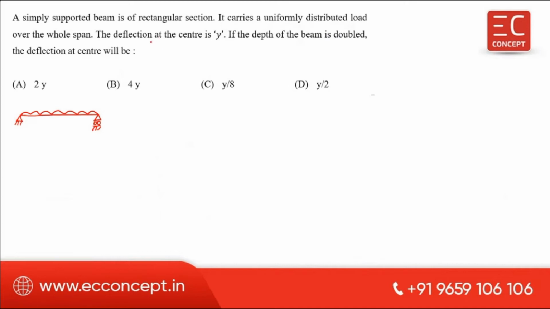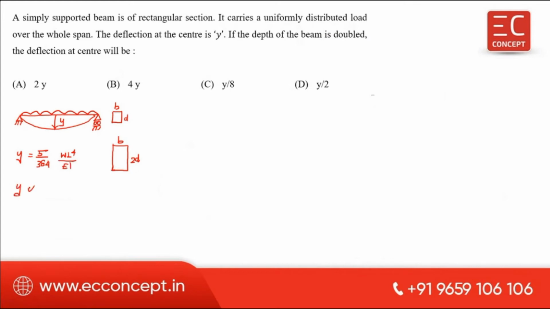Initially the deflection of the beam is Y, with cross section B and depth D. In the other case the depth is doubled, 2D, with width B. We know that the deflection for a simply supported beam is 5WL power 4 divided by 384 EI. This is the formula.